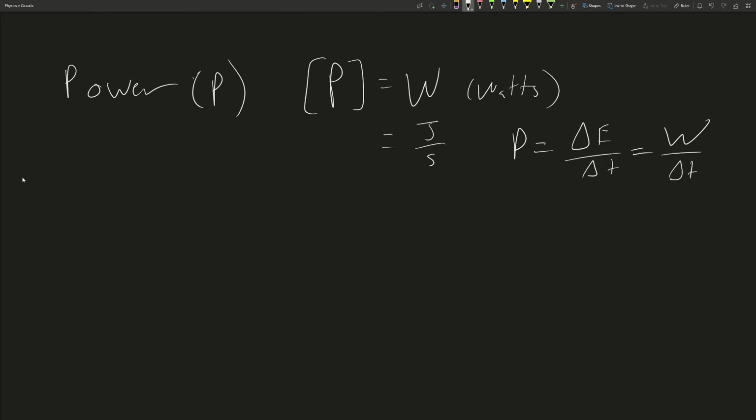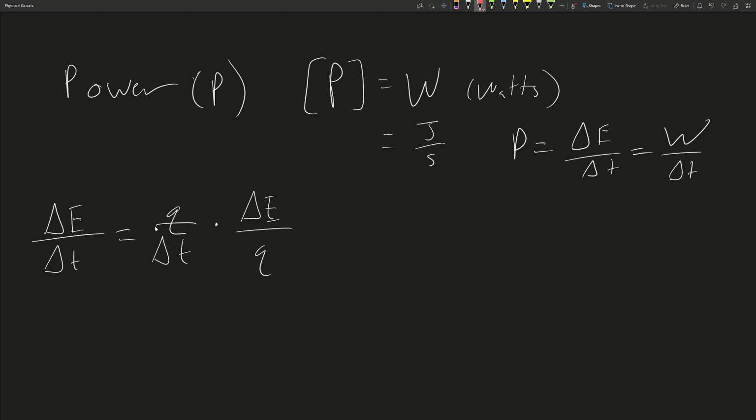Well, we know that power is equal to change in energy over an interval of time. Current is equal to charge over a unit of time, and voltage is equal to energy per unit charge.